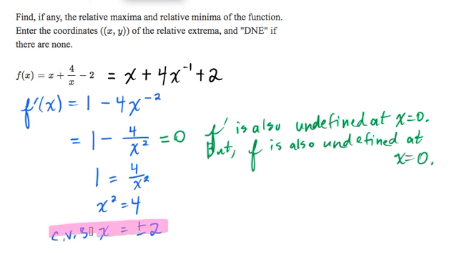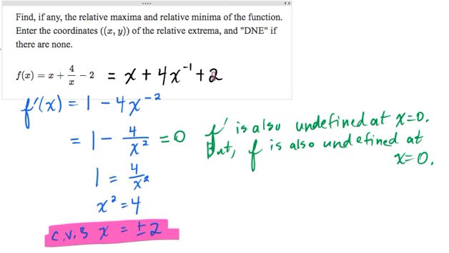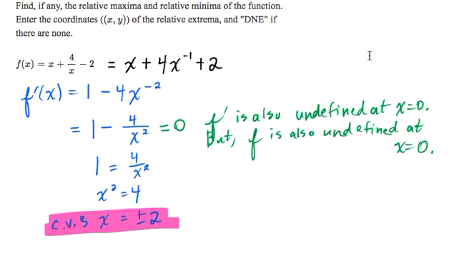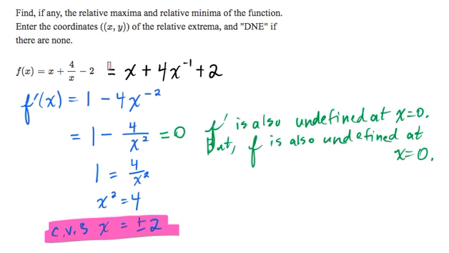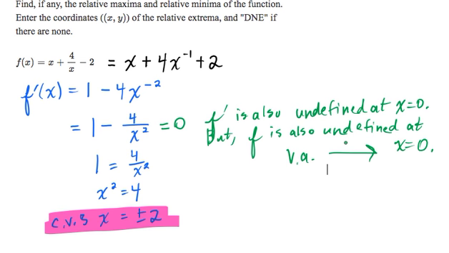So in order to tell if they are extrema, there's two ways. We could use the first derivative test or the second derivative test. I'm going to use the first derivative test here because I'm going to also use the fact that we have a vertical asymptote at x equals 0, and put that on my chart when I do the first derivative test.